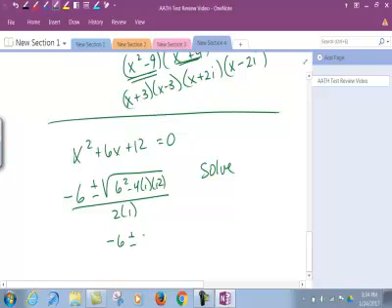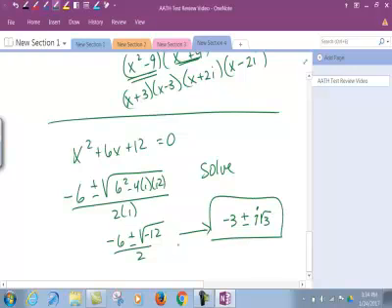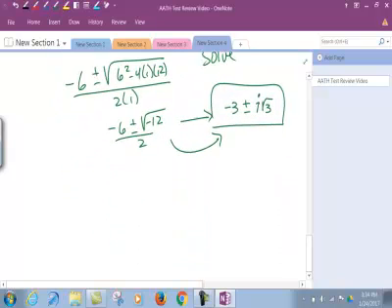Simplifies to negative 6 plus or minus the square root of negative 12 over 2. And then I'm going to skip some steps here and say that you want to get negative 3 plus or minus i root 3. So see if you can finish that. I took a bunch of jumps there. See if you can get to that.